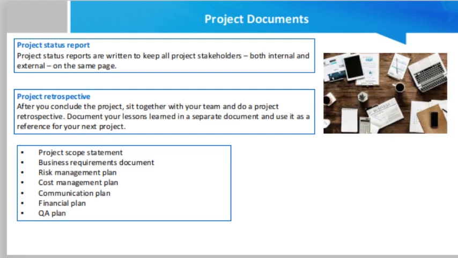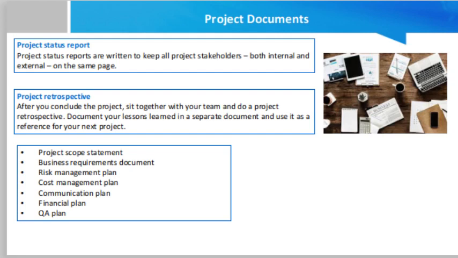Other project document examples. Friends, this was by no means an exhaustive list. Some large scale projects require hundreds of separate documents and forms, while small projects tend to simplify and combine them.